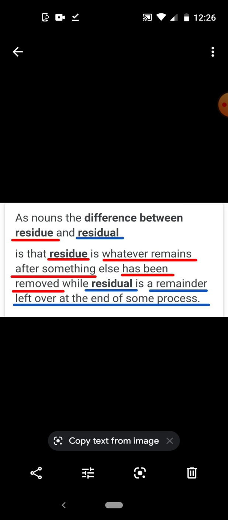The difference between residue and residual is that residue is whatever remains after something else has been removed, while residual is a remainder left over at the end of some process. You may have a word disappear from a line, and you could say that's removed, but no, the whole thing has changed. So that's showing it's a process. So the proper term would be residual.